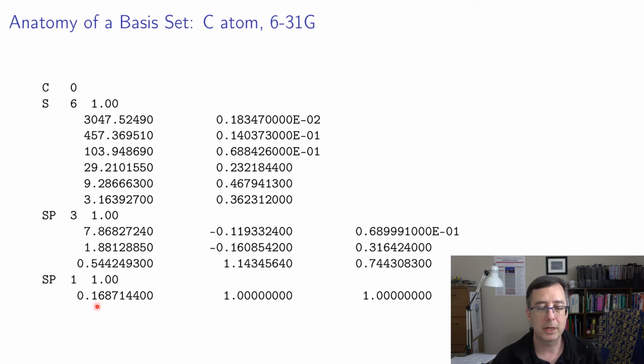And this one is a bigger function, so in case the atom wants to respond somehow to its environment by shifting into a slightly bigger orbital, it has a bigger basis function available to do that. And because there's only one of them, the coefficient in front of it is just 1, obviously. And again, the exponent is shared between this extra 2s and this extra 2p function because it's a Pople basis set.